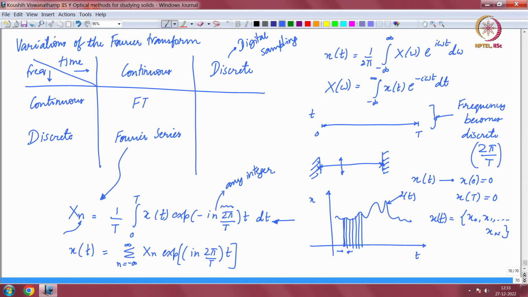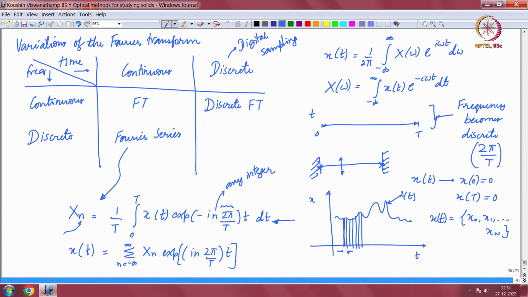If you have an infinite domain discrete time signal, which means you do not have boundary conditions like this, then your frequency will be continuous because the frequency has no reason to become discrete, but your time is now discrete. When you have a situation like this, you have a variation of the Fourier transform that is called the discrete Fourier transform. So, you still have a continuous frequency spectrum, but you have a discrete set of points in time.